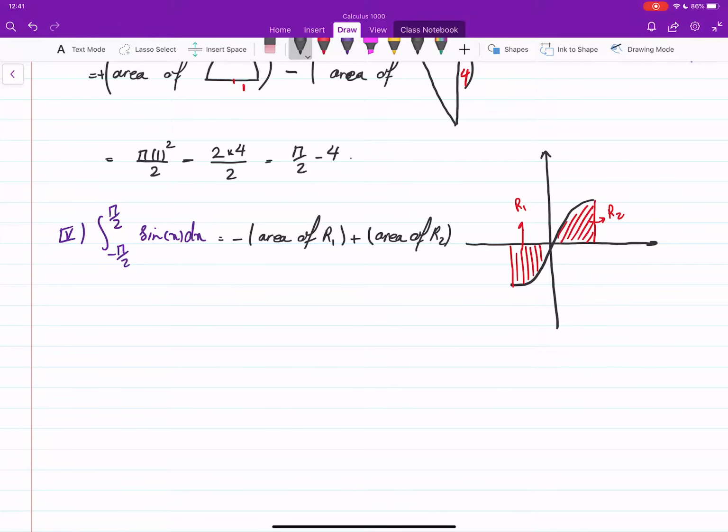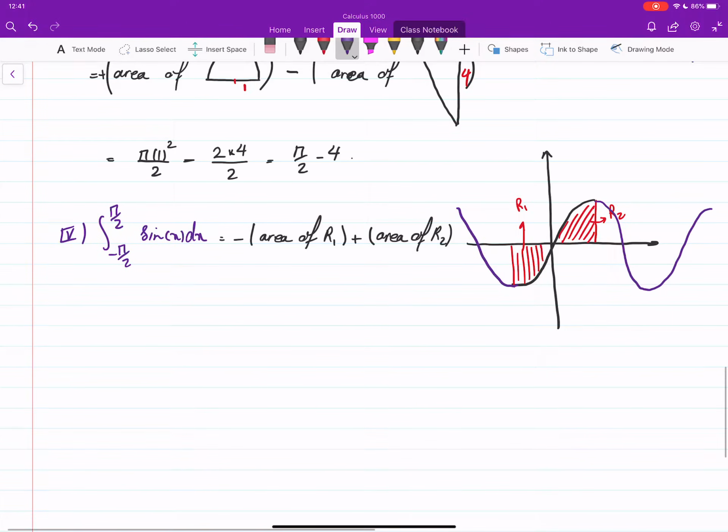But well, this is a strange shape. It is not a semicircle. This is the graph of sine x. It doesn't give you semicircles. It gives you these strange things, yes? But what you need to notice here is that there is a nice symmetry, meaning that whatever this piece is up there, you have it down here also.